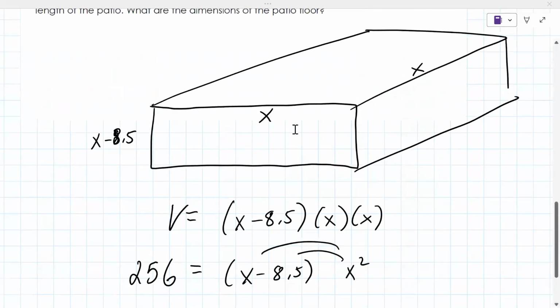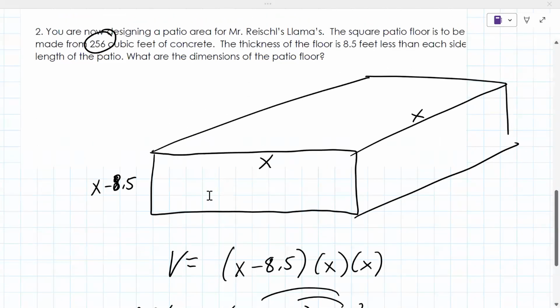This is weird. Do you have any ideas here? Let me look back at the notes. I think we might have done.